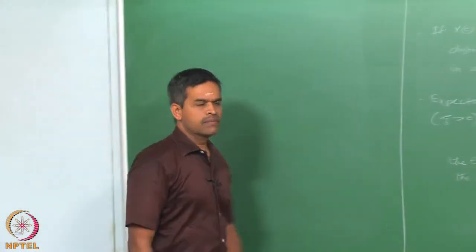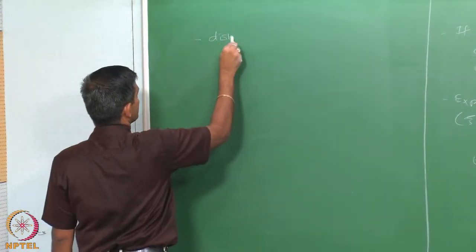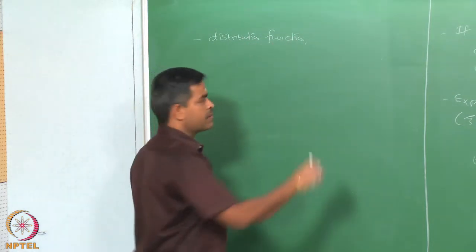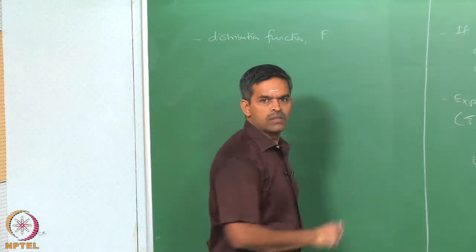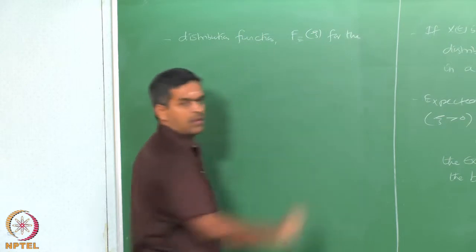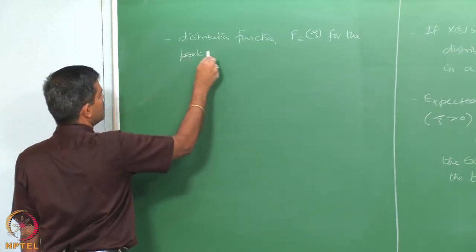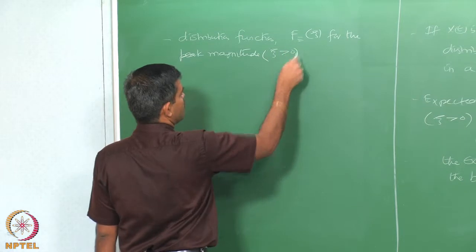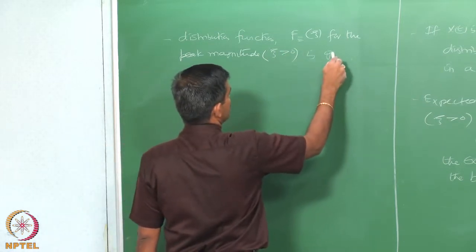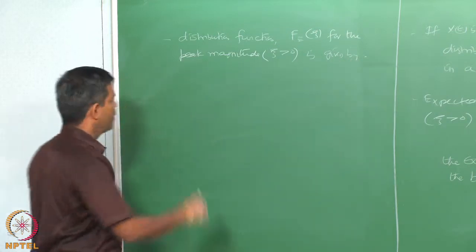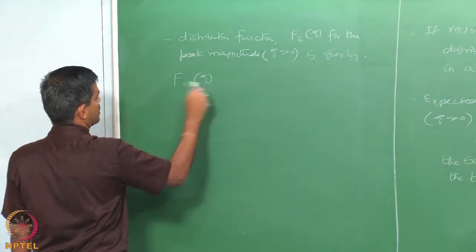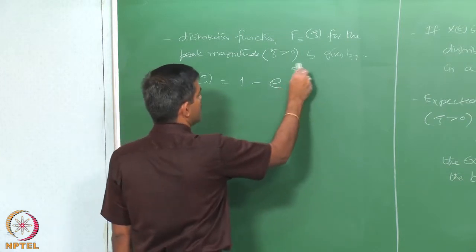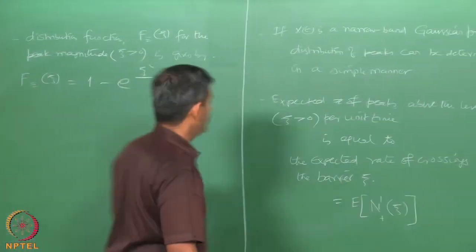The distribution function, which is F of zeta, for the peak magnitude for the condition zeta more than 0, is given by F of zeta is 1 minus e to the power of minus zeta square by 2 sigma square.